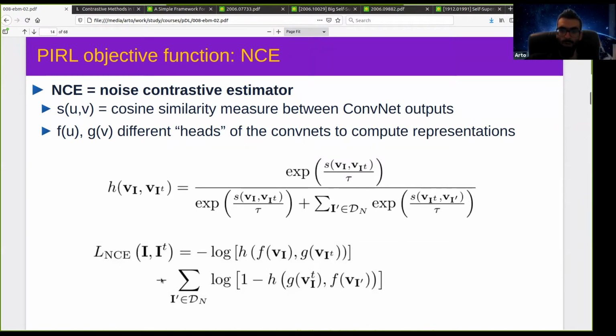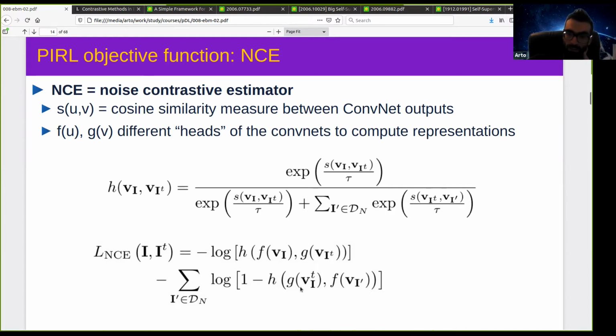So basically, to minimize this total loss, we are trying to maximize this one, and we want this component to be low.